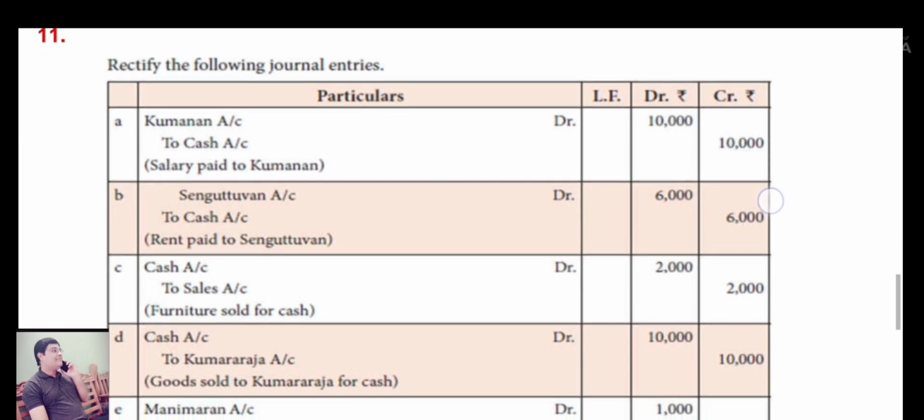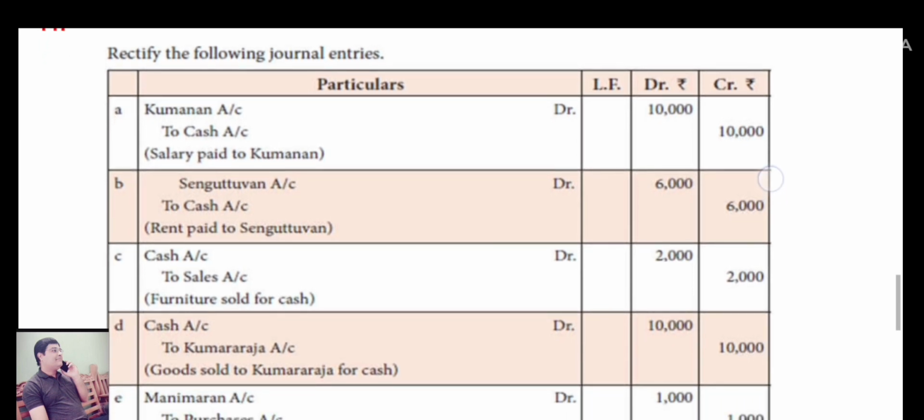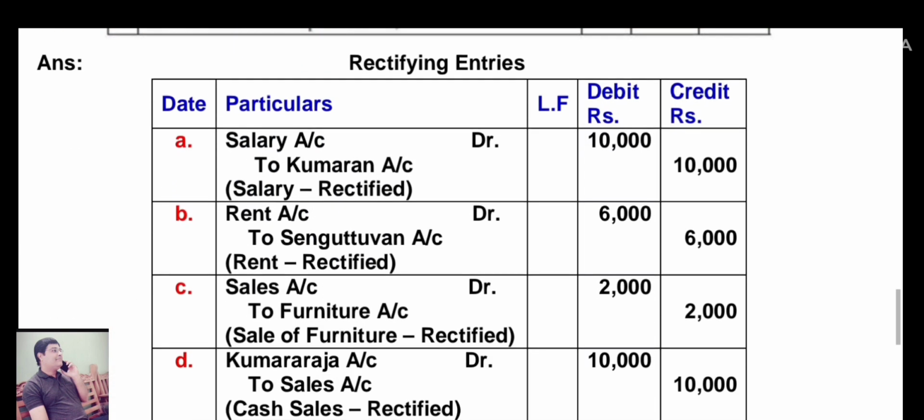Next one, the 11th question. Rectify the following journal entry. Kumran account debit to cash account 10,000, salary paid to Kumran. This entry is given wrongly, and we have to rectify it. The simple way to rectify: normally, salary paid to Kumran, what is the answer? Salary to cash.